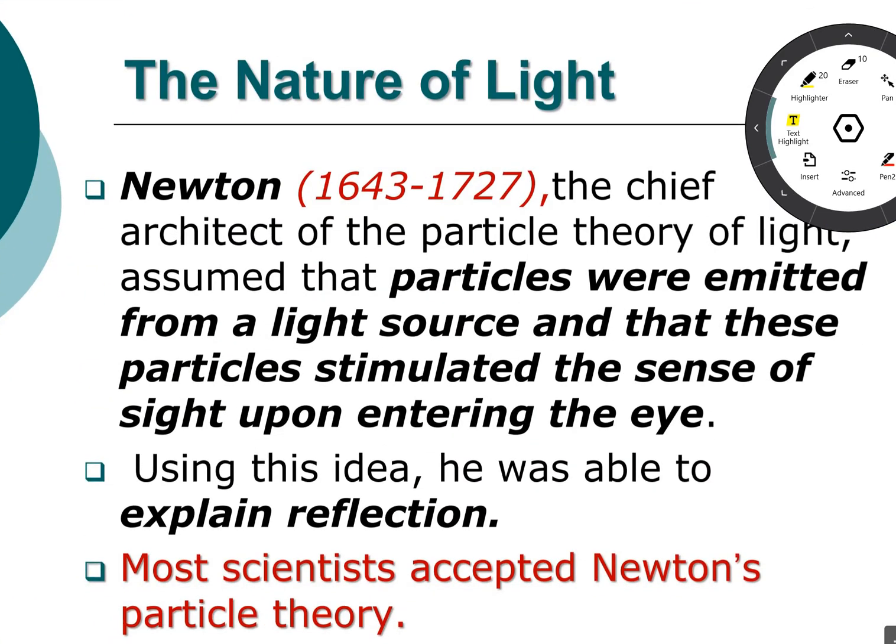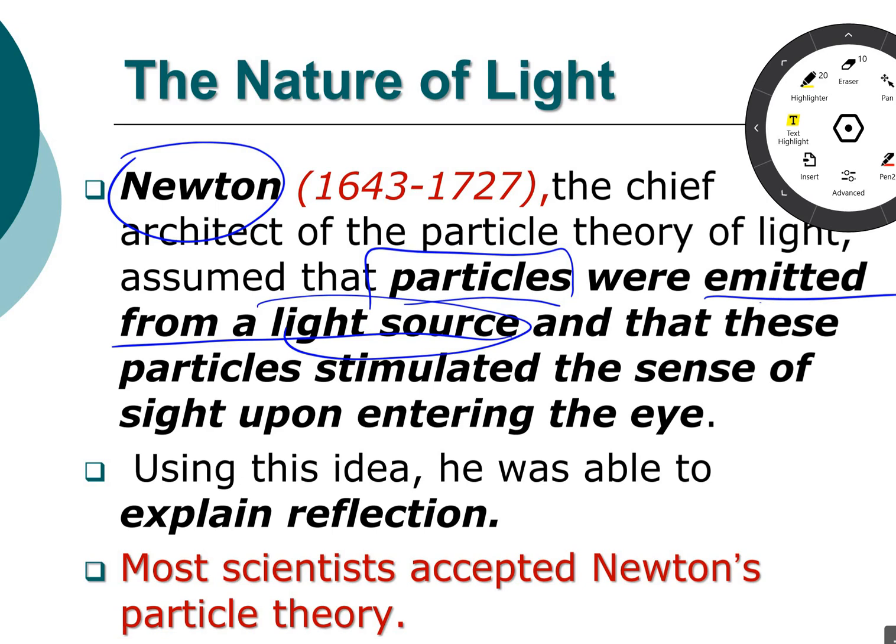Newton took the same idea. He also assumed that light consists of particles. It is not exactly the same idea as the Greeks had, but he assumed that light consists of particles emitted from the light source.